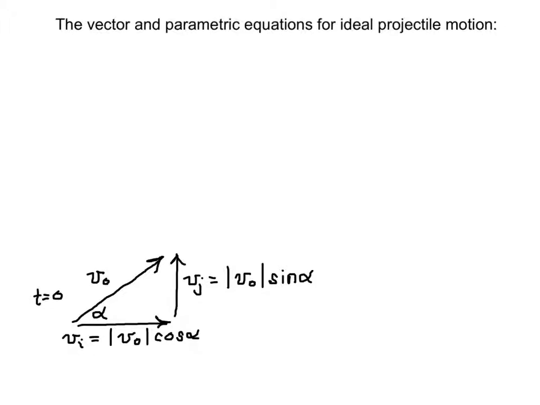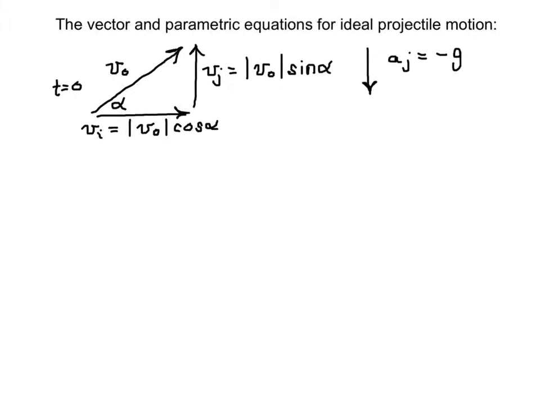And then we also have gravity, which is pulling our projectile down due to acceleration, and the acceleration is in the j direction. The acceleration is negative, it's gravity, and it is going downwards. So let's take this and move this up.